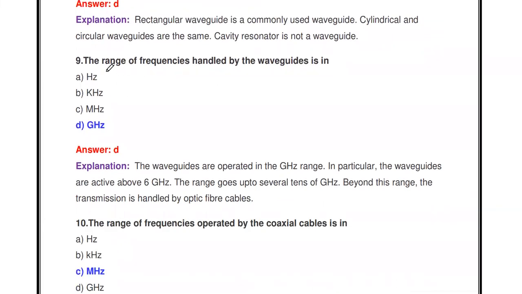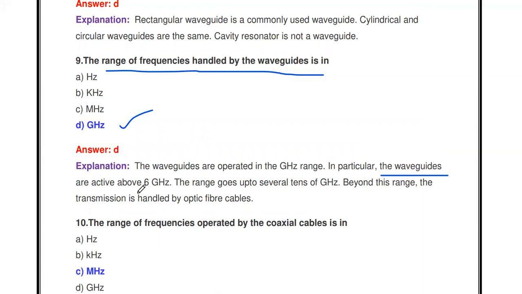Next one: the range of frequencies handled by the waveguide is dash: hertz, kilohertz, megahertz, gigahertz. The range of frequency handled by the waveguide is gigahertz. So waveguides are used to transmit frequencies in the gigahertz range.